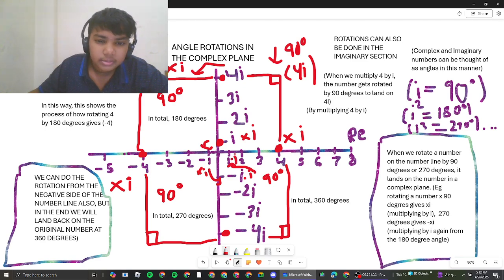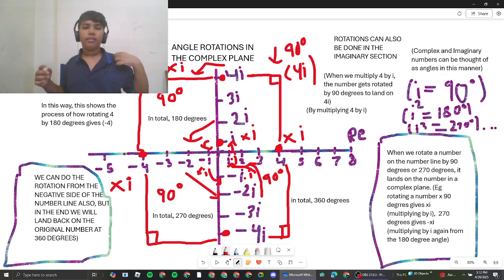And if I multiply this by I, I would land back here at 360 degrees, okay? Similarly, if you start from 2I, multiply this by I, we'll get -2, then -2I, then 2, then 2I. So you can do it from here: 90 degrees, 180 degrees, 270 degrees.